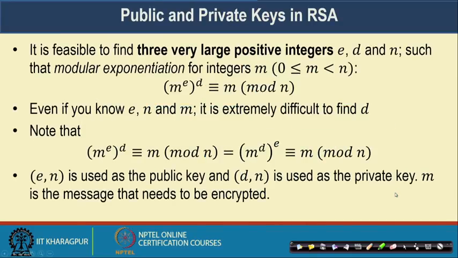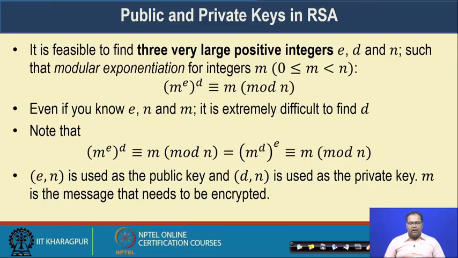Now, let us look into the mathematics behind the public and private keys in RSA. The fundamental mathematics we use in the RSA algorithm to generate the keys is as follows: it is always feasible to find 3 very large positive integers E, D and N, such that for an integer m, the modular exponentiation holds. The modulo operation is the remainder after division.